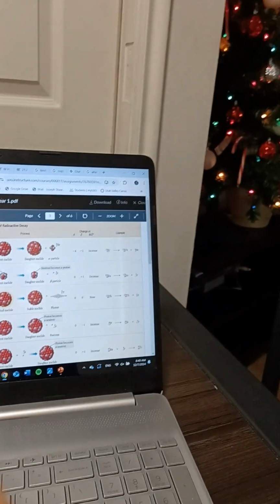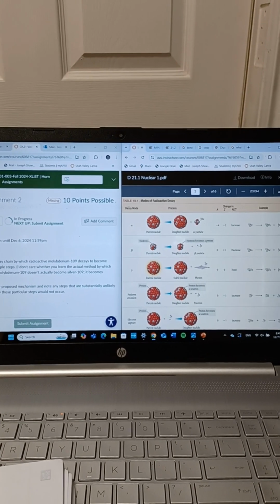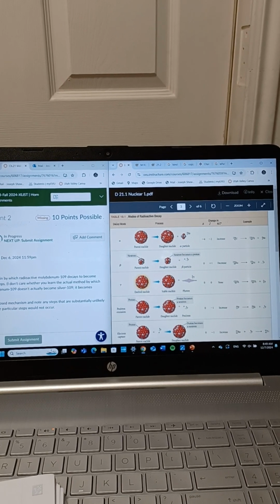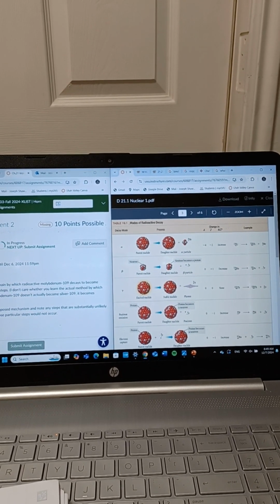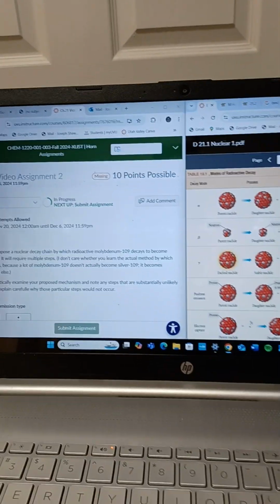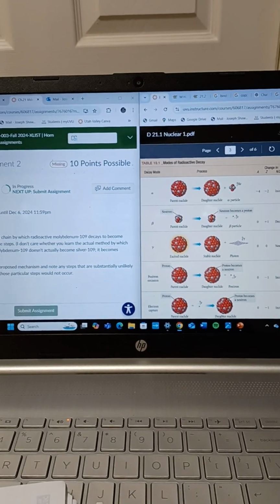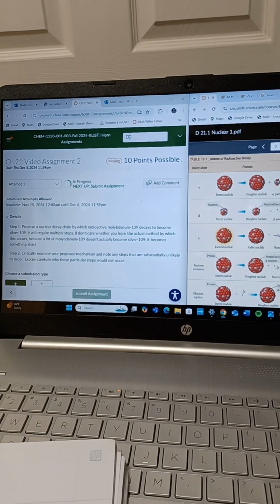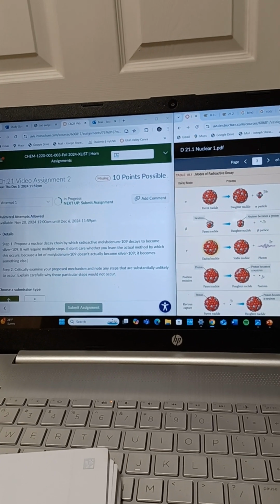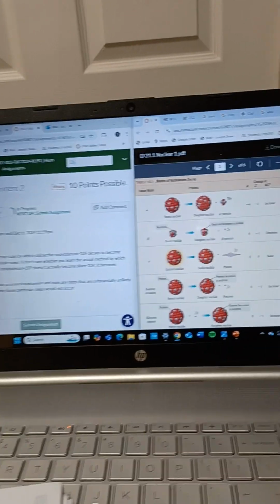So because of what is given to us, we find that the number of nucleons does not change between molybdenum and silver 109. So we need to find a decay that will decrease the number of neutrons and increase the number of protons, or just increase the number of protons, right?